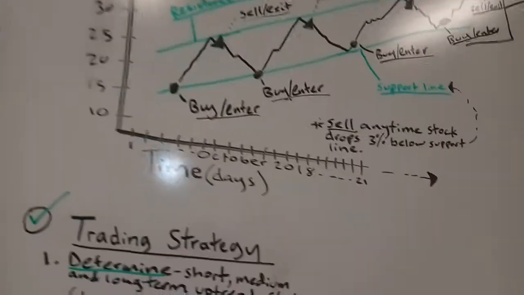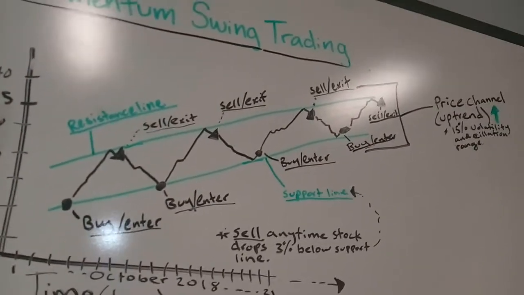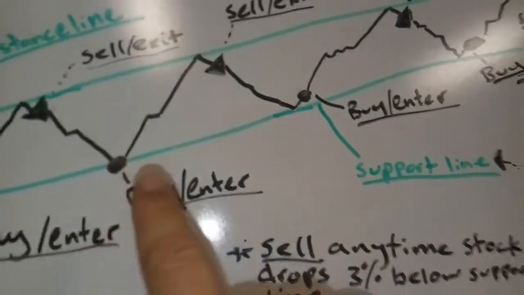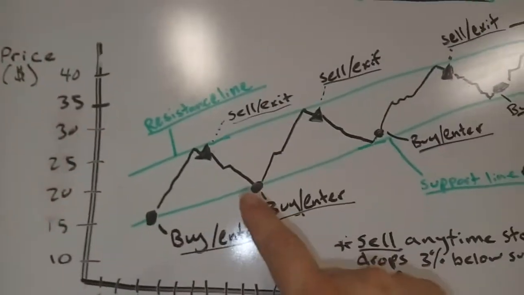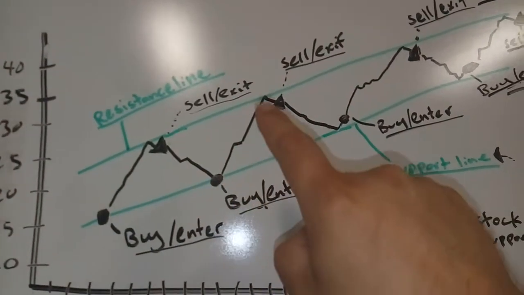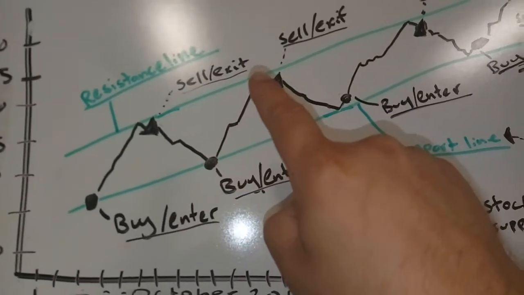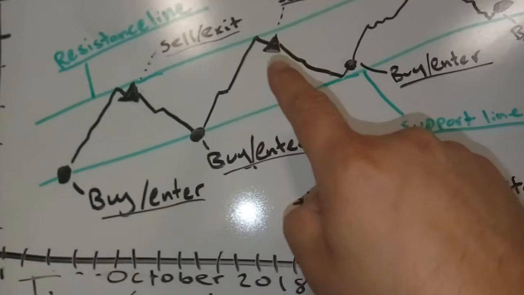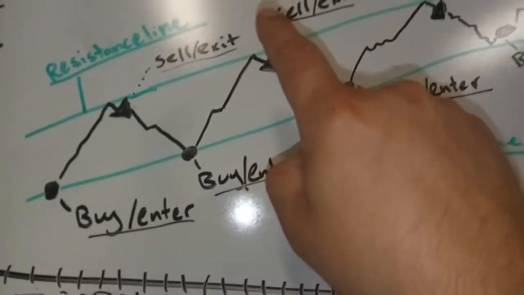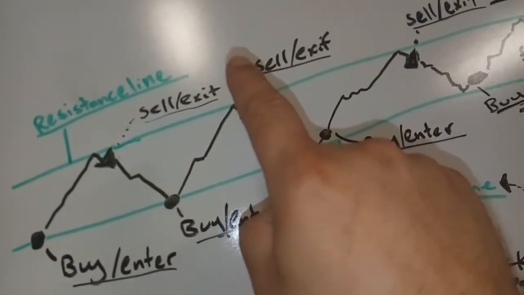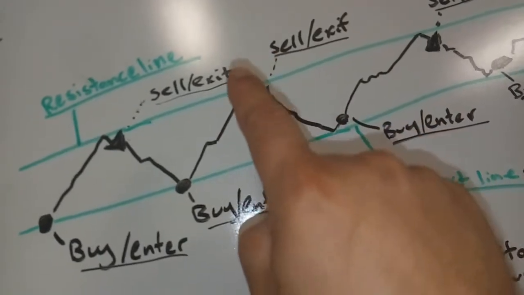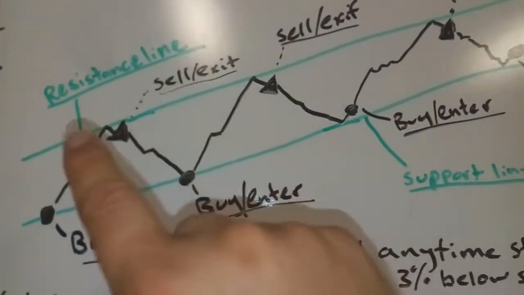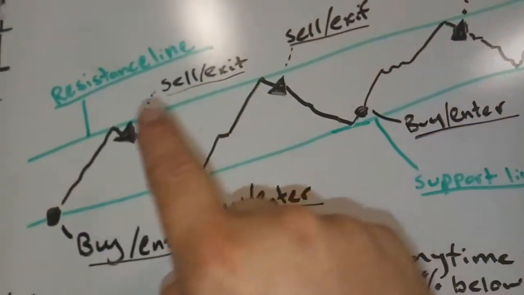So let's say you got in right here, right? And it went up, and you have your alert right there, right on the resistance line. Your alert went, but instead of dropping down, it went above the line. So then that would be a breakout of the channel. So now this new line becomes the support line.